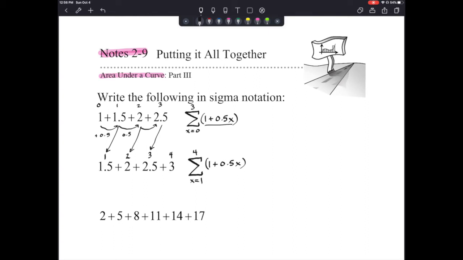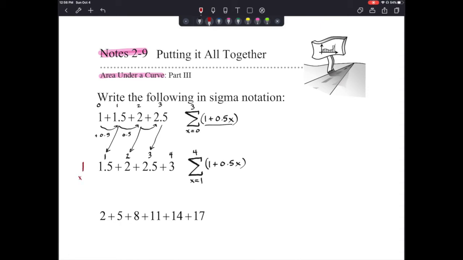And typically that's kind of like the difference between our left endpoint rectangles and right endpoint rectangles. If you're starting with the number that's all the way on the left, we know that the one over here would be 1.